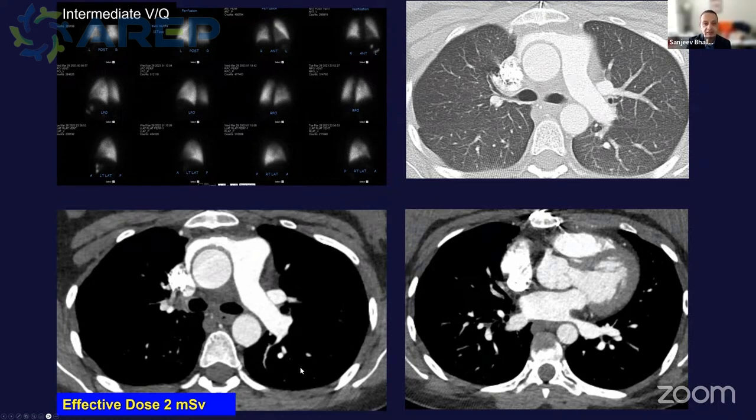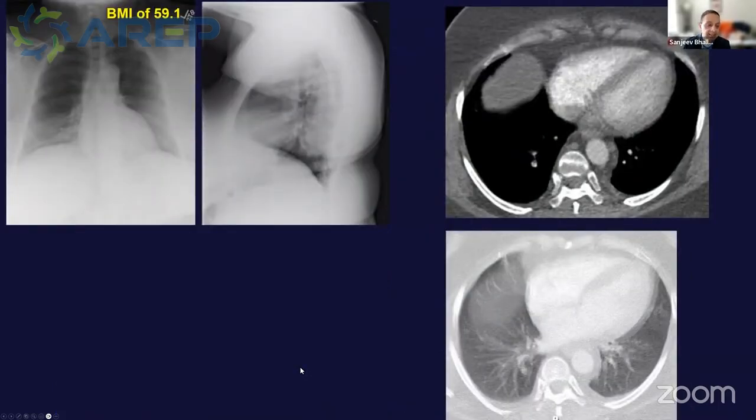Now, in the United States, one problem that we face is imaging patients who are obese. And I'll tell you, this can be a real problem, especially in patients where the BMI starts to exceed 45. Here is an example. This is a patient with a BMI of 59.1, so quite obese.